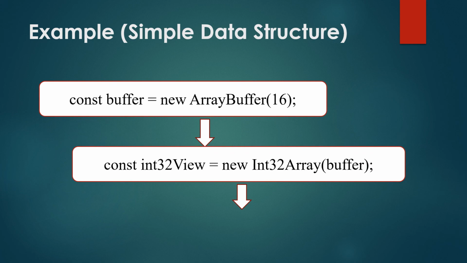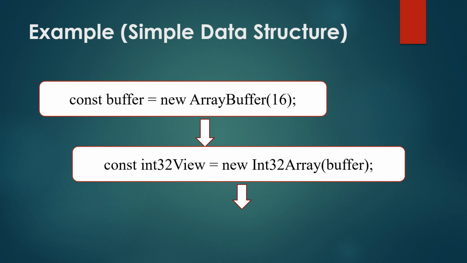Let's have a sample example of how a simple data structure can be implemented using this concept. I will create a variable and allocate 16 bytes of memory in a buffer. Then, as I explained, we have to create a view.